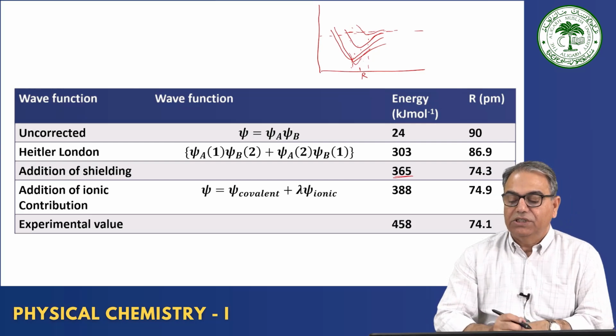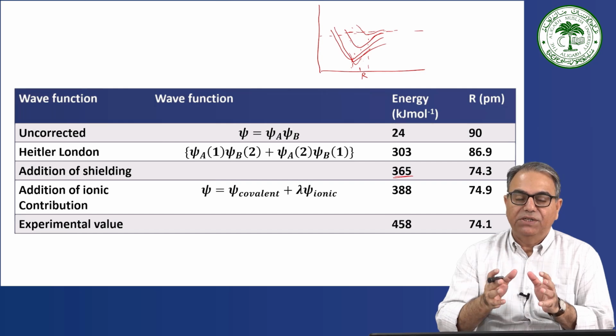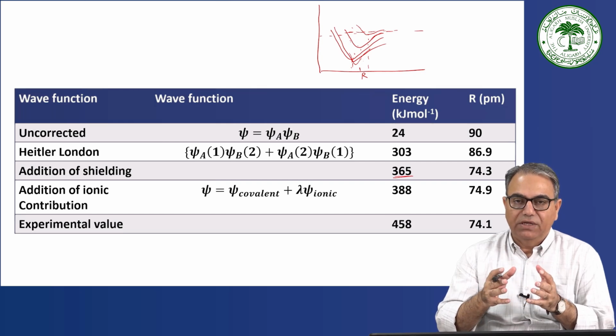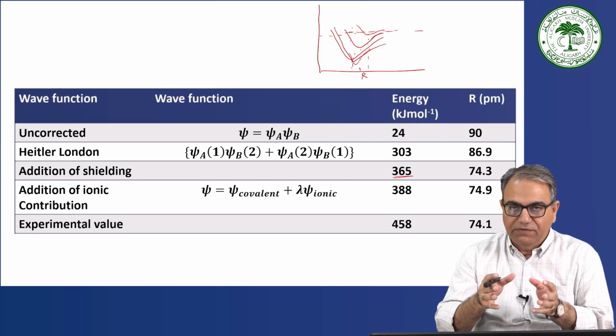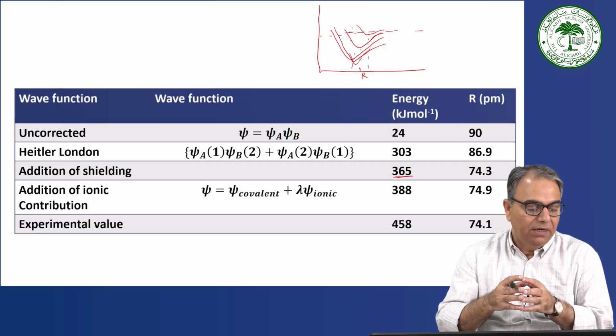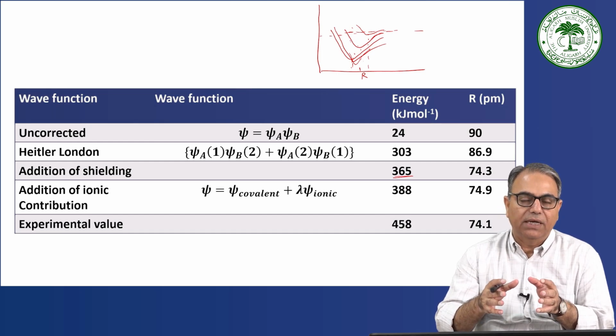So this way, we have an observation of the bond dissociation energy of the hydrogen molecule, and an observation of the bond length, and this we are trying to explain. Heitler and London tried to explain it through quantum mechanics.